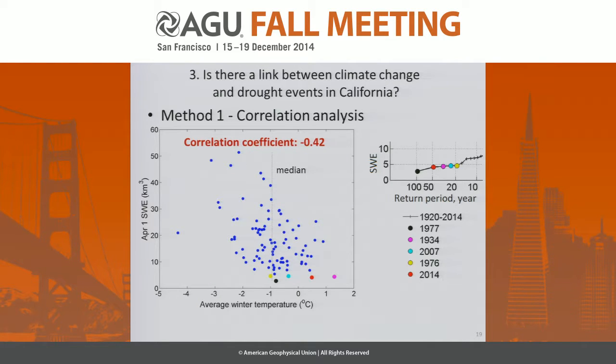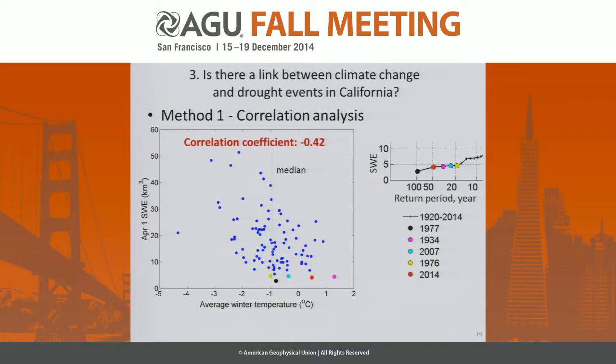But for SWE versus winter temperature, we can see a vague negative relationship, but the correlation is much weaker than that of SWE versus winter precipitation. And the 5 years with the lowest SWE generally happened in warmer winters.